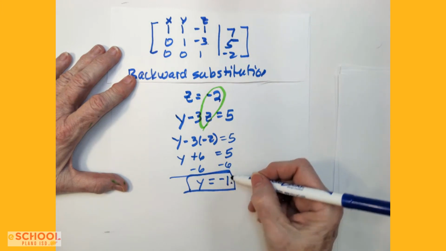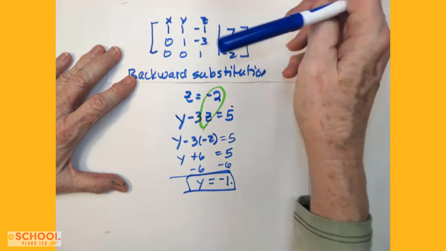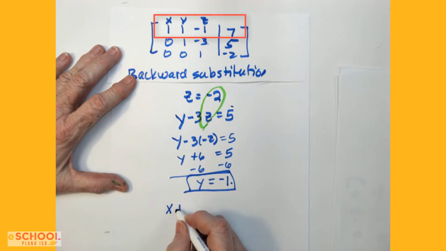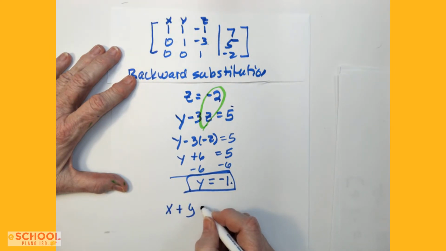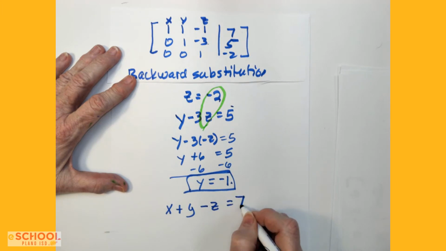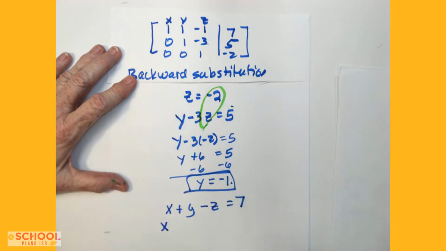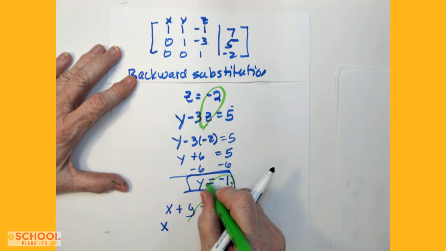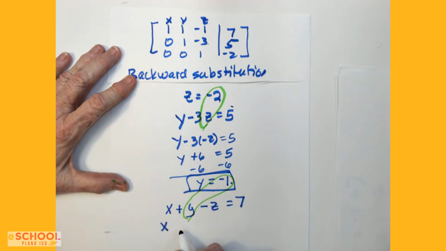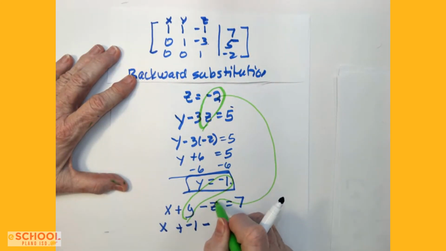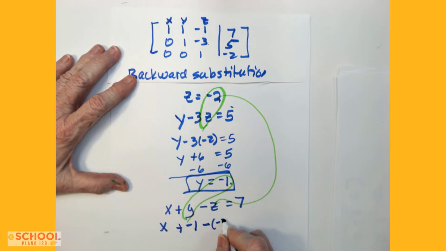Now I'm going to take both of these and put them into my top equation. So that says x plus y minus z is equal to 7. x, and we know that y is equal to negative 1, so plus negative 1, minus z, which we know is negative 2, is equal to 7.